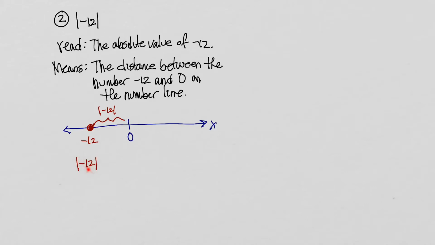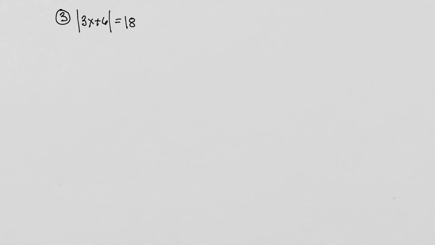The distance between -12 and 0, right here on the number line, equals, so what is it? Well, there's 12 units here, right? So the absolute value of -12 is 12. And if you just read this, it says the distance between the number -12 and 0 on the number line is 12 units.